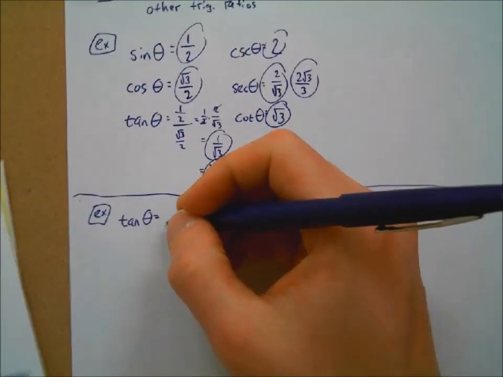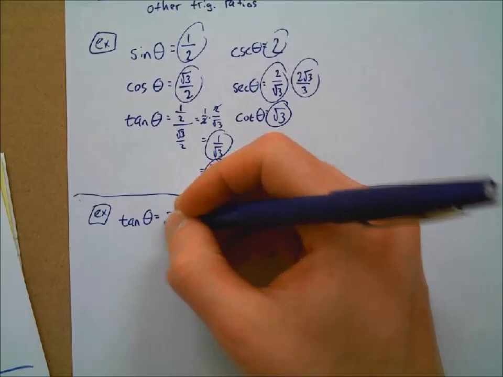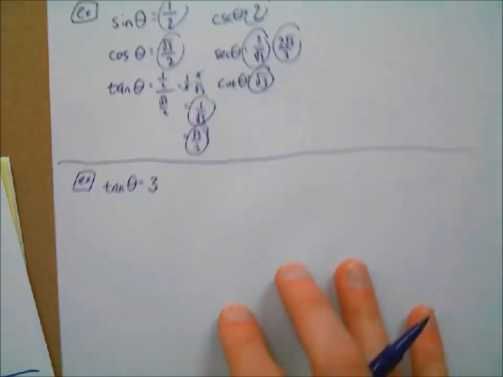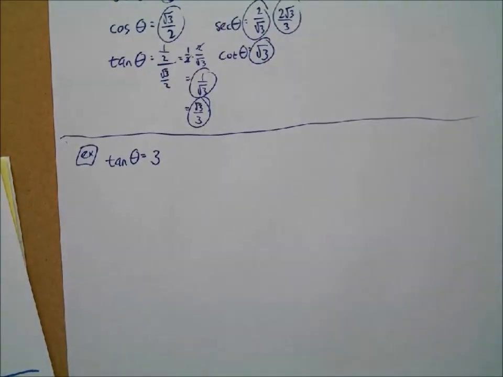Let's go on though and try a different one. So we'll say tangent of theta is equal to 3. Now, is there a place on our unit circle where the tangent of theta is going to equal 3? No. And this is a bit of a harder question to answer, because tangent's tricky since you have to think about sine divided by cosine, but it turns out no. There will not be a place on our unit circle, at least that we know of.